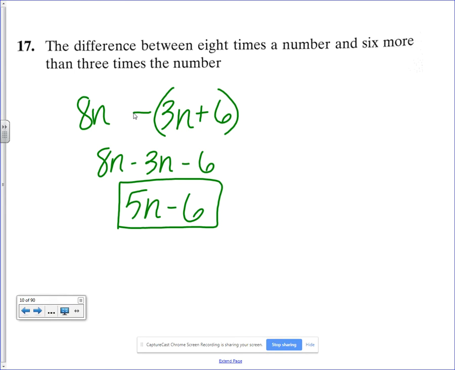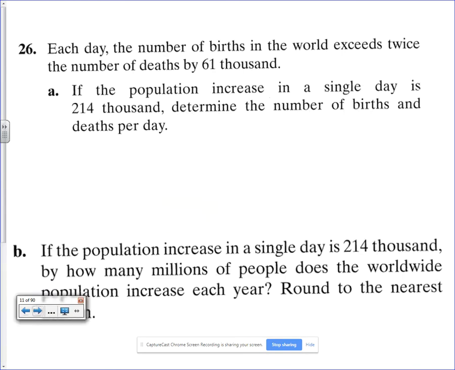Okay, so now you're going to have one of these next type of problems in your homework today. So you're going to do it this exact same way, okay? Each day, the number of births in the world exceeds twice the number of deaths by 61,000. Now, I don't know anything about the deaths, so I'm going to make deaths D. And it says the births, which I'm going to use B for, births in the world exceeds twice the number of deaths by 61,000.